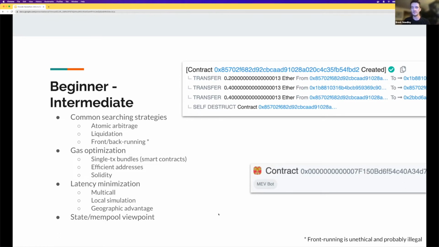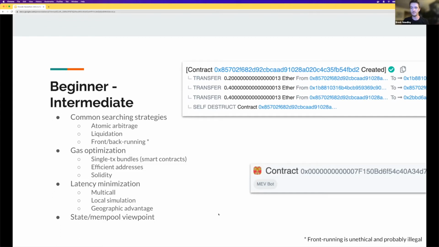The last one, getting a little bit more advanced but worth noting, is geographic advantage. This is pretty common, but it's important to know that the closer you are to a server, the less time you're gonna spend waiting.